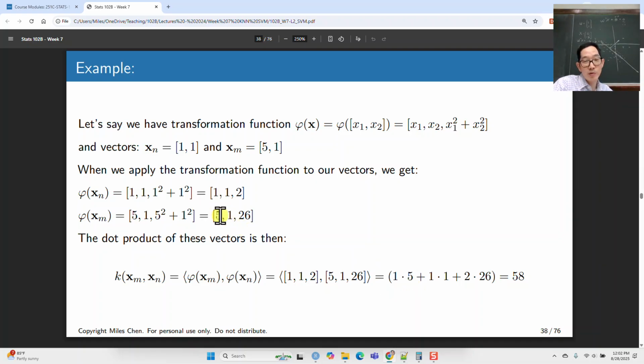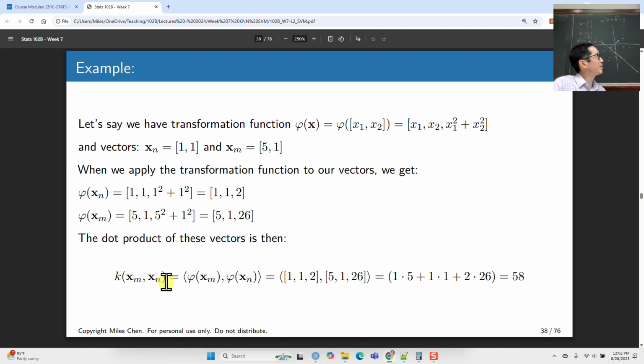So you do 1 times 5 plus 1 times 1 plus 2 times 26. So you get 5 plus 1 plus 52, and that adds up to 58. Okay, so that's the kernel function.